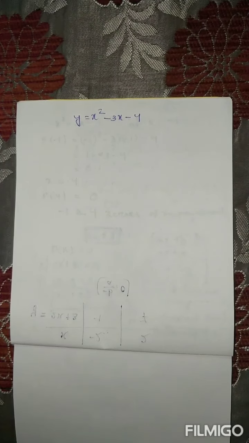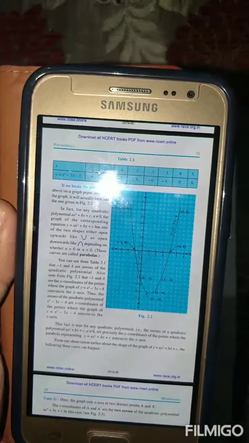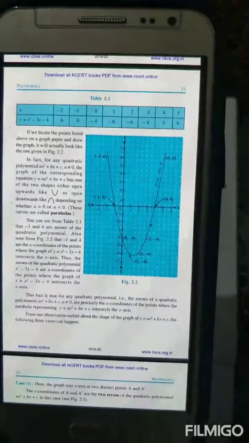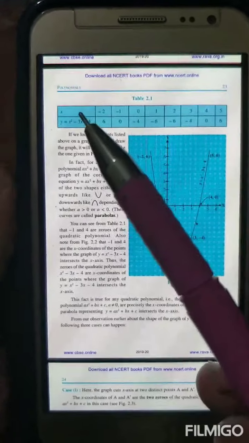First we will make a table for this. You can refer to your book, page number 23, or I will show you in this. See, this is the table here.